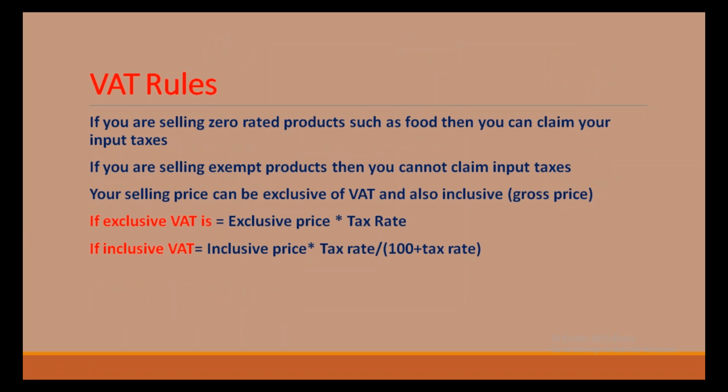VAT rules, you have to be very careful. There again, the examiner can put you into a little bit of a soup. The examiner might say that you have sold the product and the total amount you have collected was 112,500, including VAT of 12.5%.